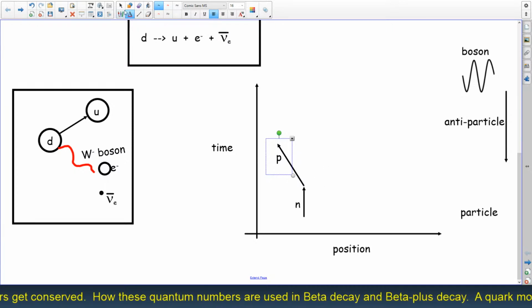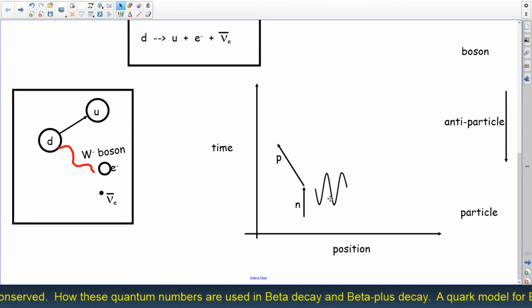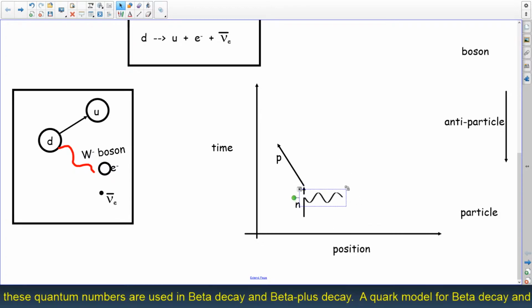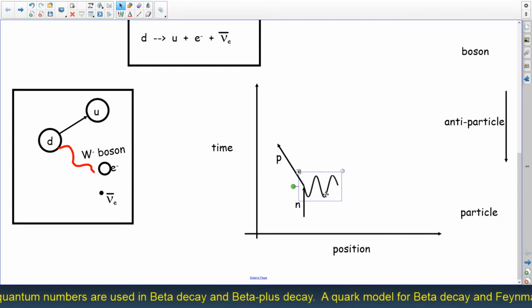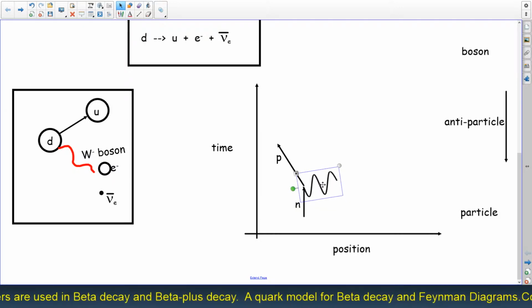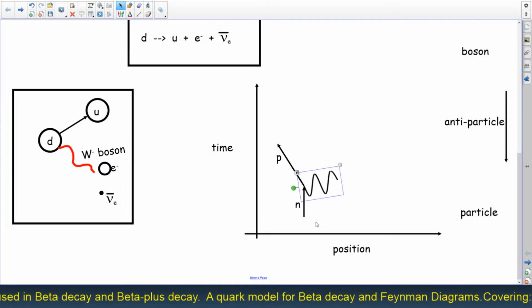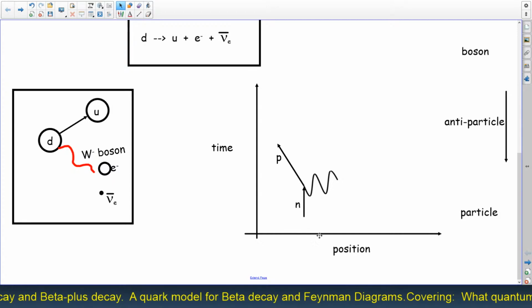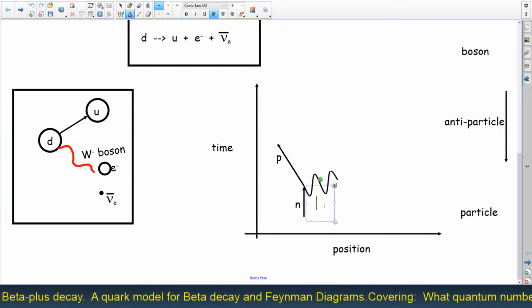Now we've got an interaction here. We've got two particles, so there must be some form of boson involved. So we pop that in there. We make it a wee bit smaller at this stage. And because the W minus boson does exist for a little period of time, it should be slightly slanty, but pretty much across the way is grand, because it exists for a ridiculously tiny period of time. This is my W minus boson.